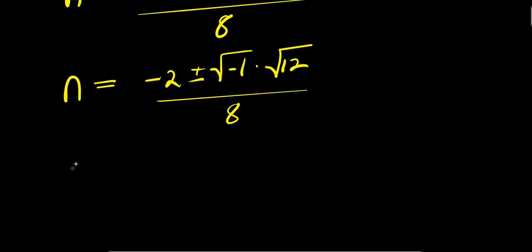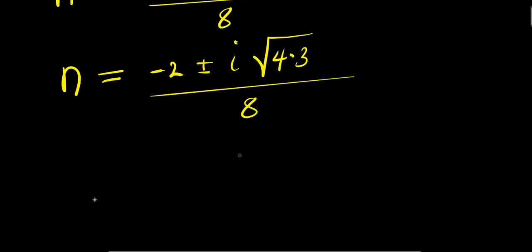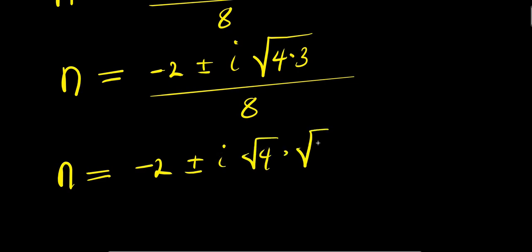So from here, n equals negative 2 plus or minus square root of negative 1, here is i, and 12 is 4 times 3, divided by 8. So n equals negative 2 plus or minus i times square root of 4 times square root of 3 divided by 8.